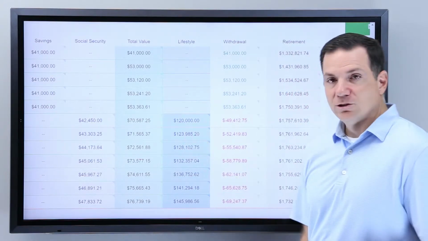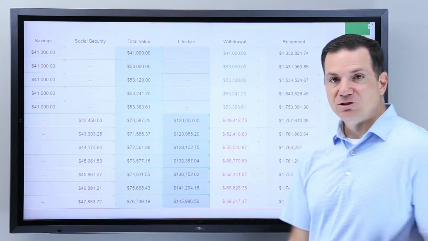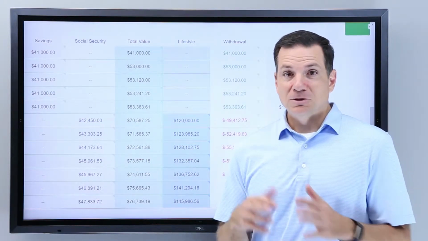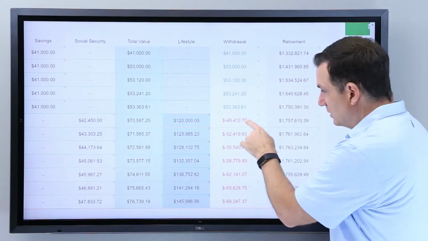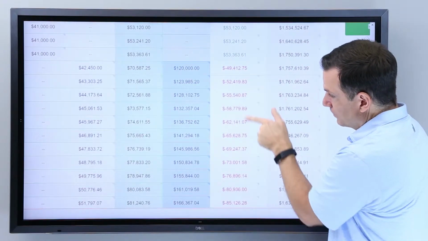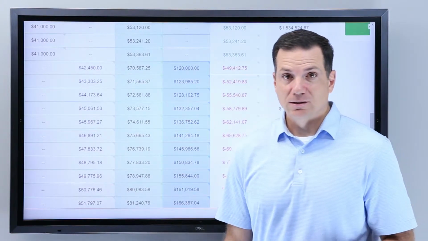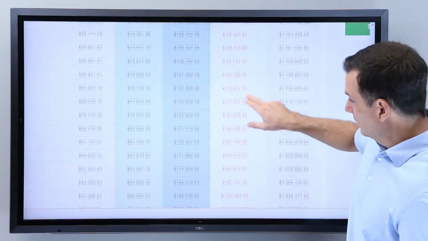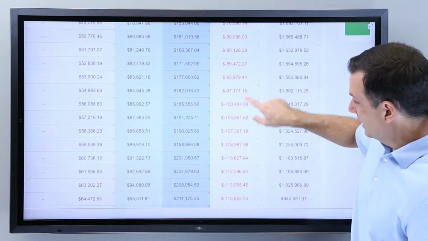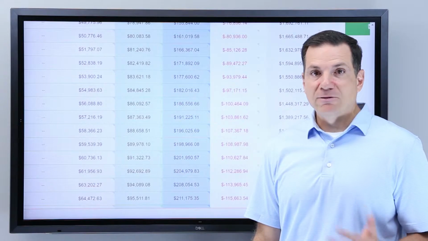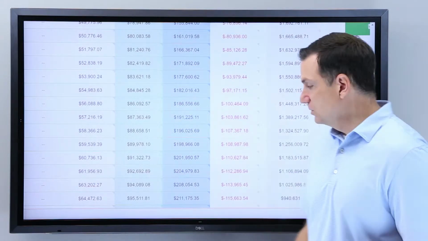They want to live on $120,000. That means they have to generate roughly $50,000 of retirement income starting the first year. And as you can see here, it's going up. It's going up for a few things: inflation and taxation. And as they grow older throughout retirement, as you can see, that inflation and taxation wreak havoc on withdrawals over the rest of your life.